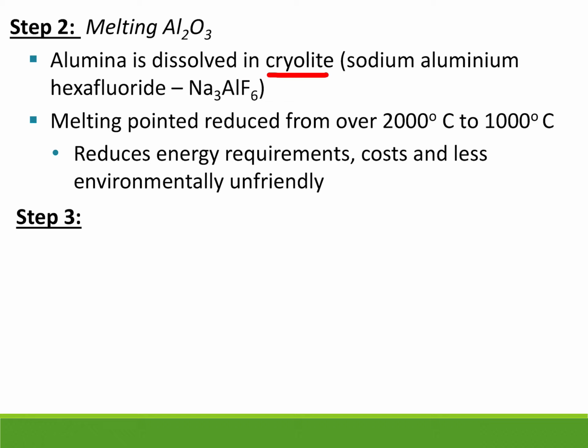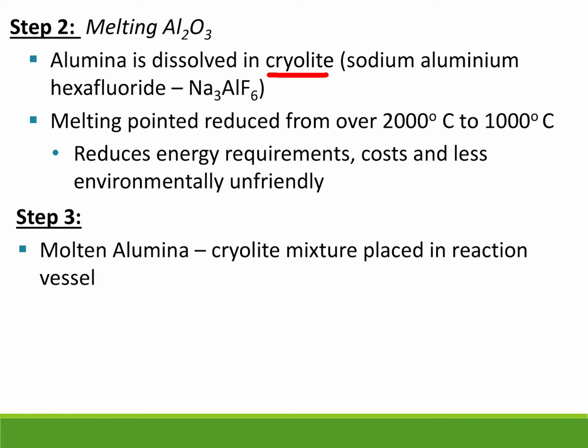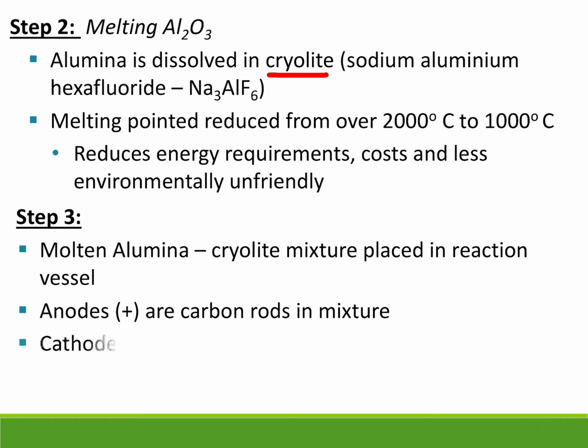Now we have pure Al2O3, which has been melted. It's become a liquid. That molten alumina cryolite mixture is then placed into the reaction vessel where we can pass an electric current through it. The anodes are carbon rods, and the cathode is the steel casing. So it's not a rod, it's the actual container that it's in.